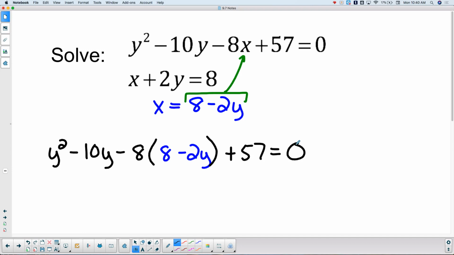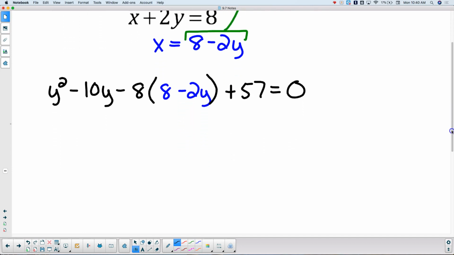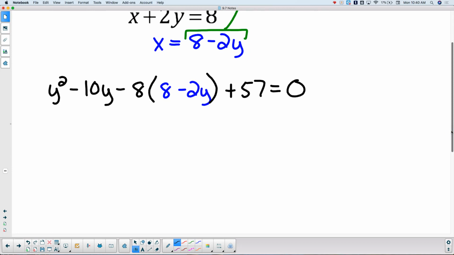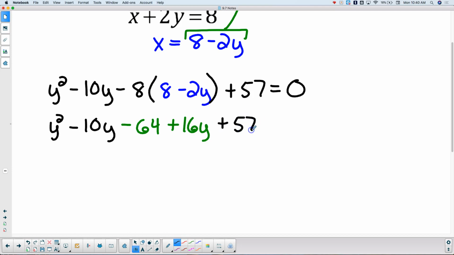Do a little distribution. So then that's going to be y squared minus 10y minus 64 plus 16y plus 57 equals 0.